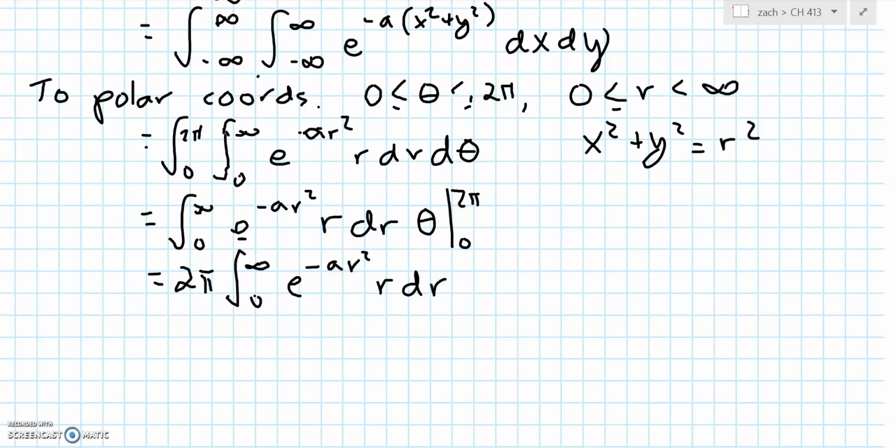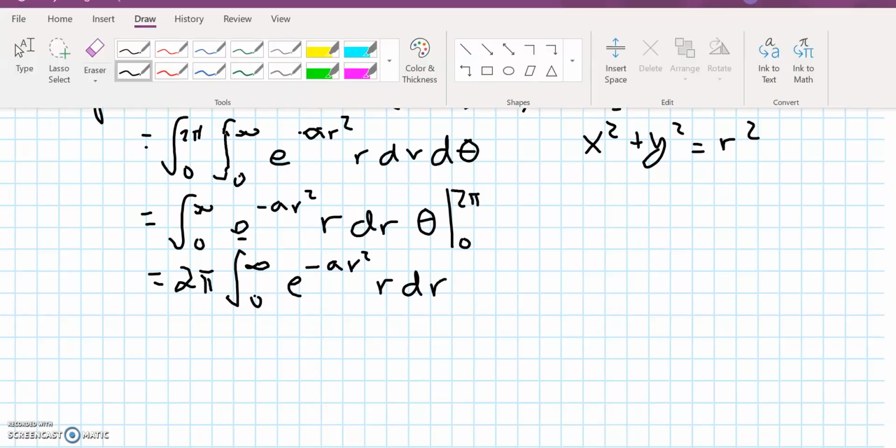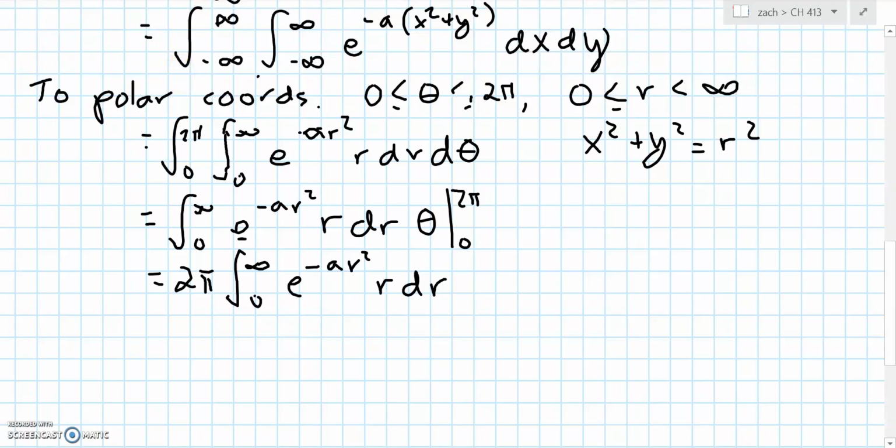So for the radial part, we're going to use a u substitution. Our u substitution here is going to be very similar to the first problem, actually. So we're going to let u be a r squared.